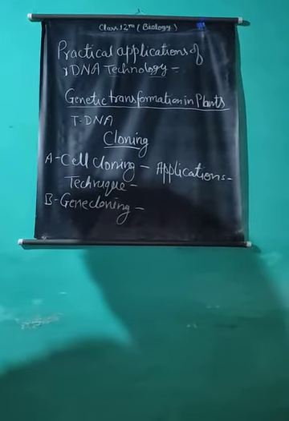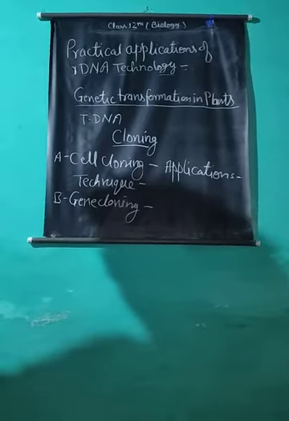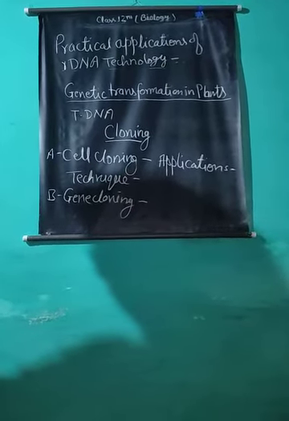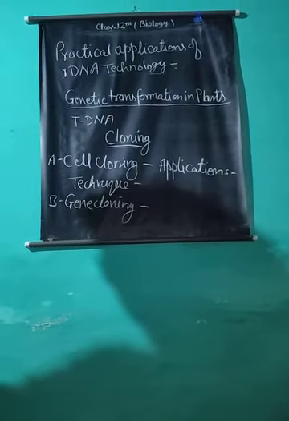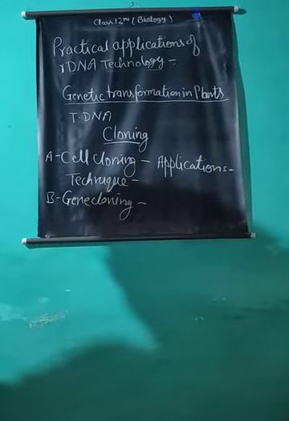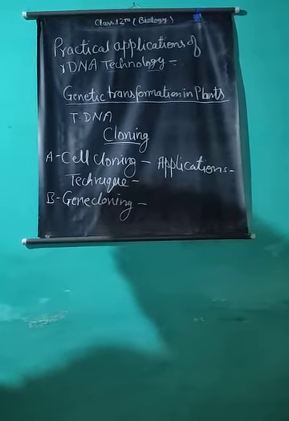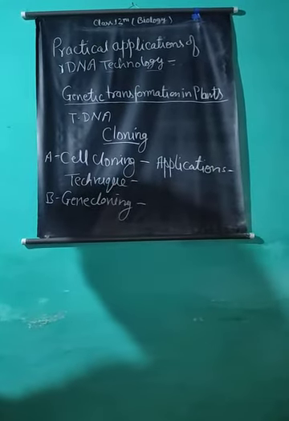The plasmid containing the gene of required DNA is called recombinant DNA. The recombinant plasmid is then inserted into host cells, where the plasmid gets multiplied to produce multiple copies of genes.